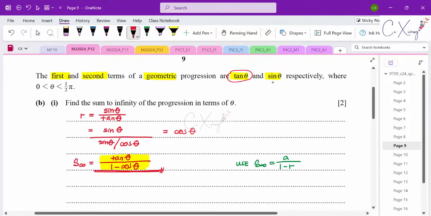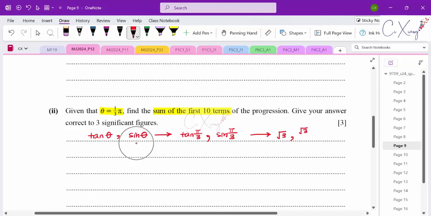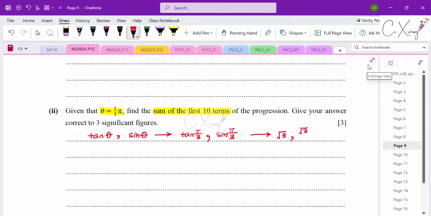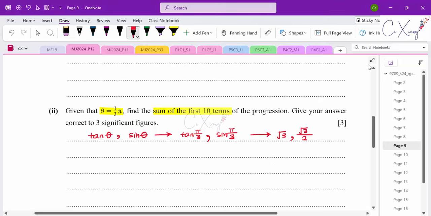Correct, the second term is sine theta, and this one will be square root 3 over 2. Just now, I know that this is my first term, A. Then this is my second term, T2.